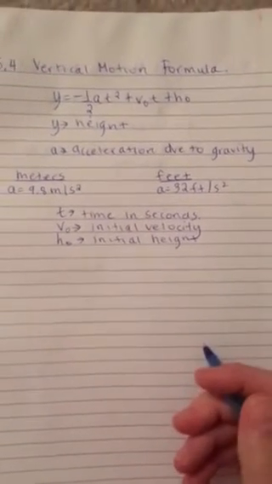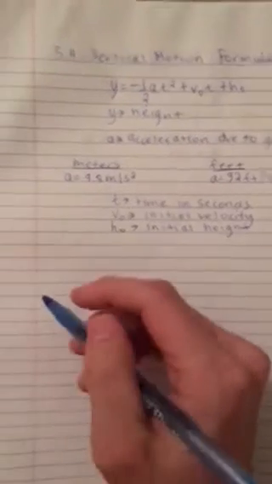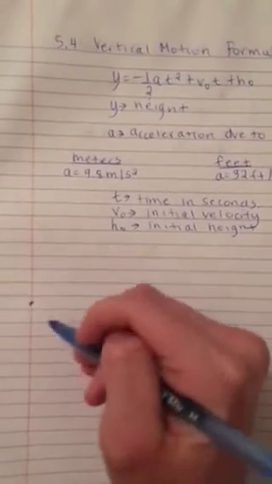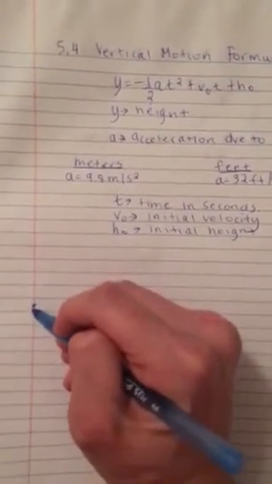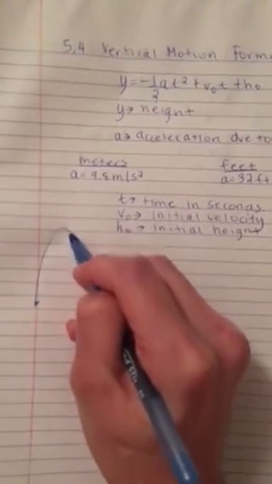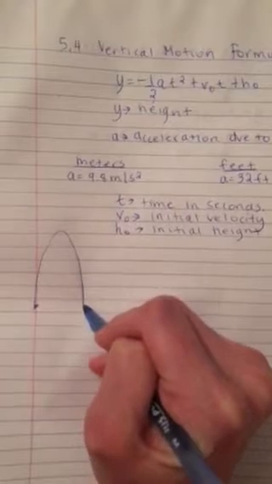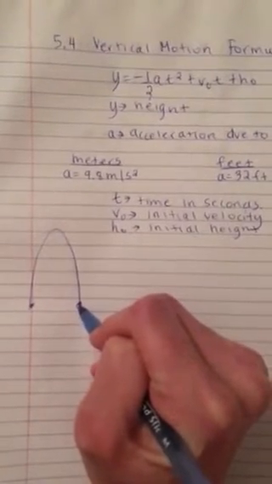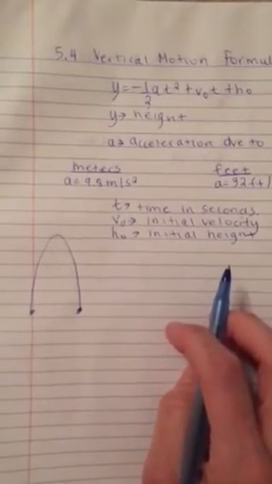Okay, so imagine for a moment I'm launching a toy rocket. So I'm going to make a sketch of my toy rocket. My toy rocket is going to go up, reach a maximum height, and then come back down. All right, and I'm going to ask you two questions about this toy rocket. First, let me give you some data.